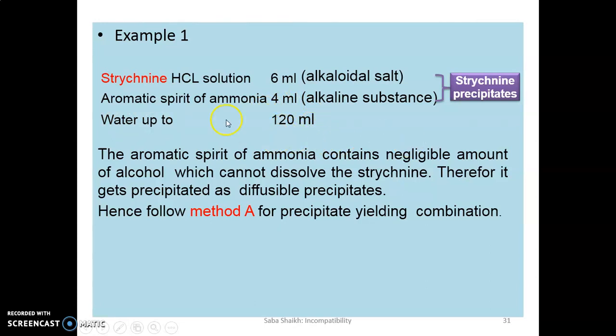Then in one beaker, we are going to add this ammonia spirit, and in another beaker, we are going to add this strychnine hydrochloride. In both the beakers, we mix thoroughly, and then we can mix the two beakers with thorough stirring, and we can get a product, that is strychnine precipitate, which is diffusible type, and that is how we have followed method A.